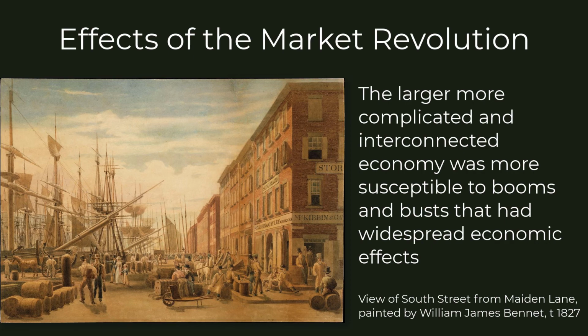So that is one of the downsides of an interconnected economy, that with everybody relying upon everybody else to provide them with the basic needs that they want to live comfortable lives, means that they're all interconnected in a way that an economic bust in one part of the economy can no longer be isolated, and it spreads to other parts of the economy precisely because now the economy is so interconnected.